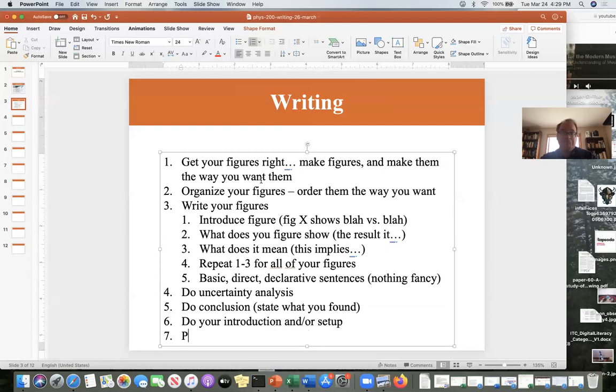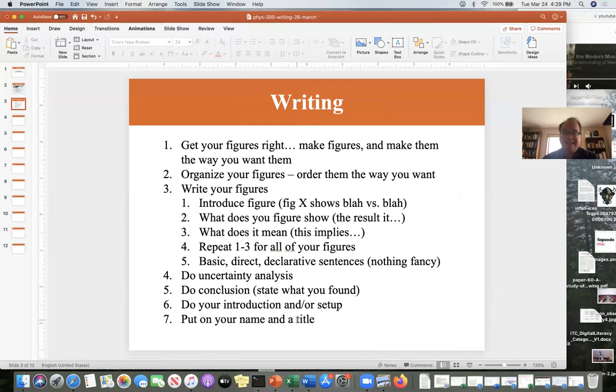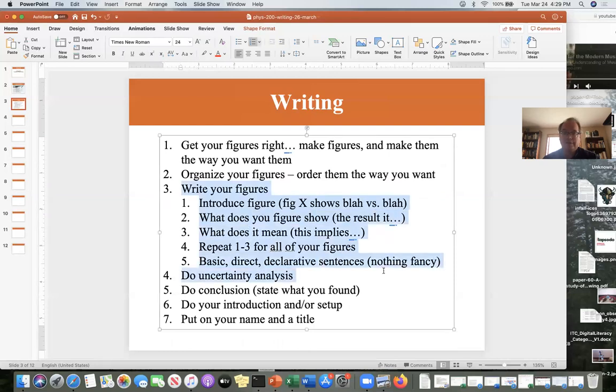Then put on your name and a title, and you're good to go. Most people run into trouble when they try to write this direction from the bottom, in which case you don't know exactly where you're going first. If you write with your figures first, after making them and organizing them, then it's simply a matter of telling a story that your data contains.